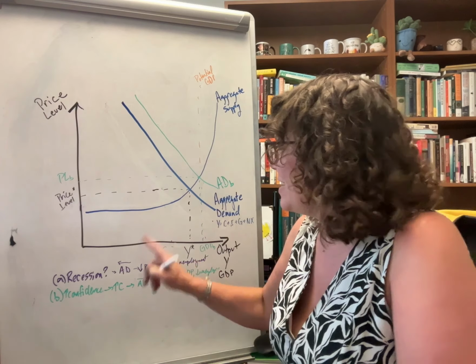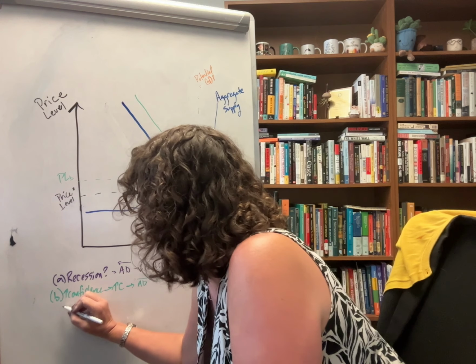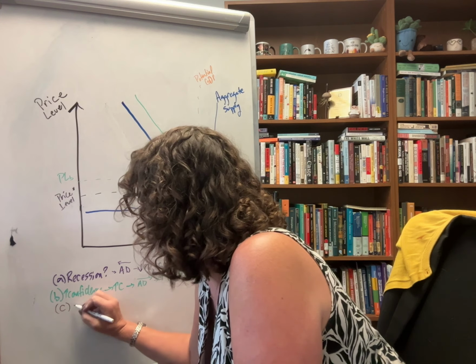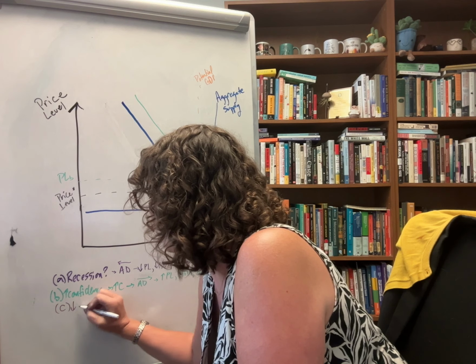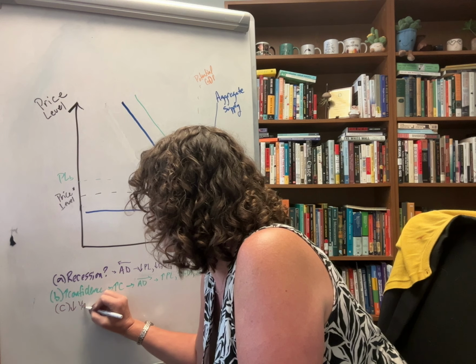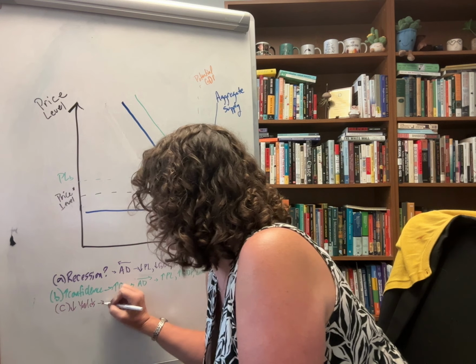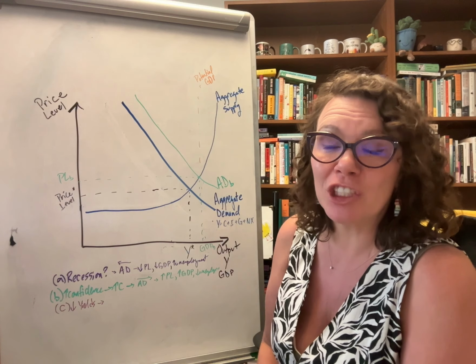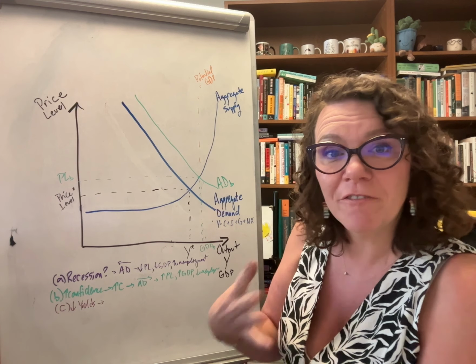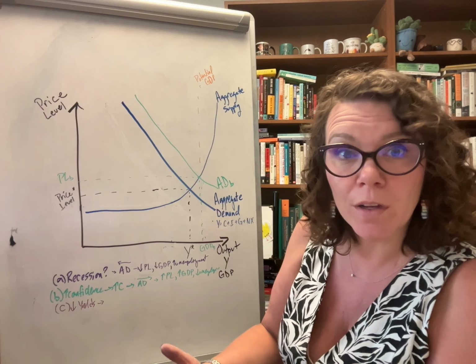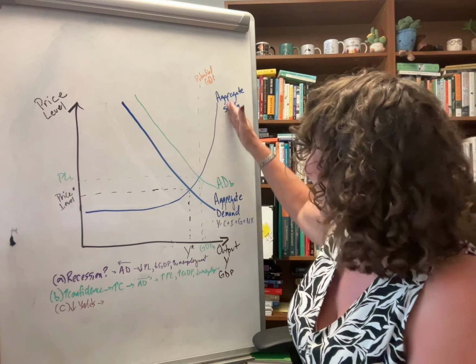That's going to be not an aggregate demand effect. Part C, colder winters and lower farming yields, that's going to affect our ability to produce goods and services. That's going to affect our supply of food, and that's going to affect our aggregate supply.